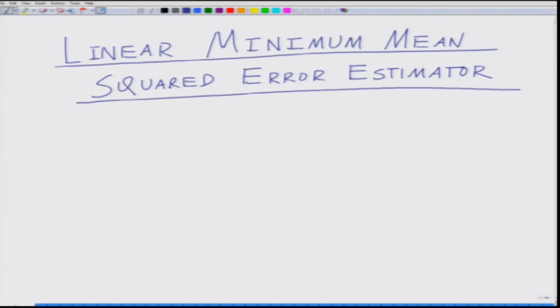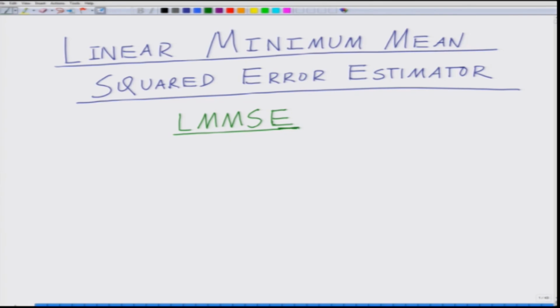This is also termed as LMMSE, where L is for linear minimum mean squared error, alright. So, this is the LMMSE estimator.